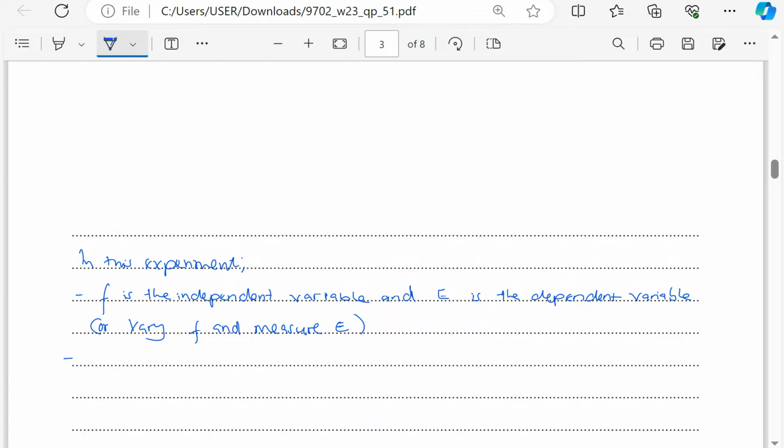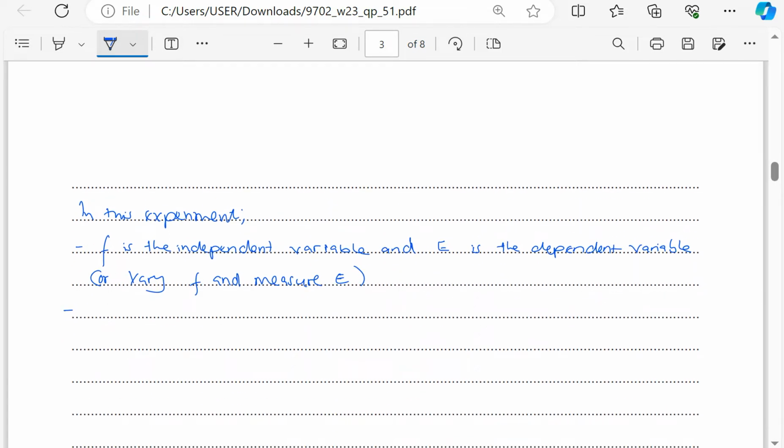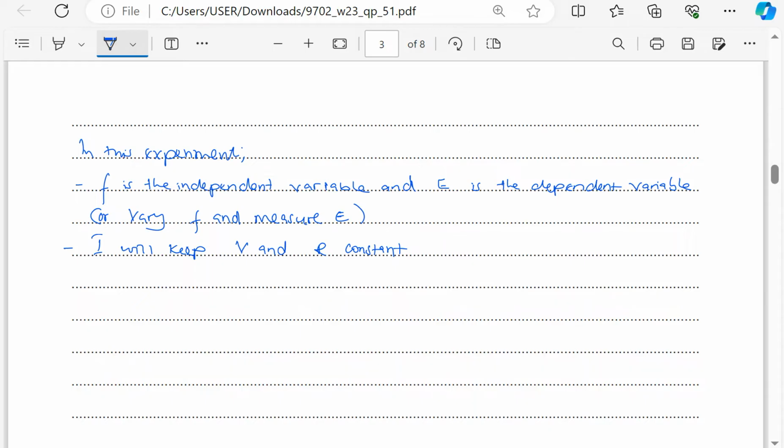Okay. So I have mentioned the quantities that will be constant. I will keep V and R constant. And of course, I'm going to fix the coils. I'll clamp the coils on the bench to ensure that the distance between the coils remains constant.